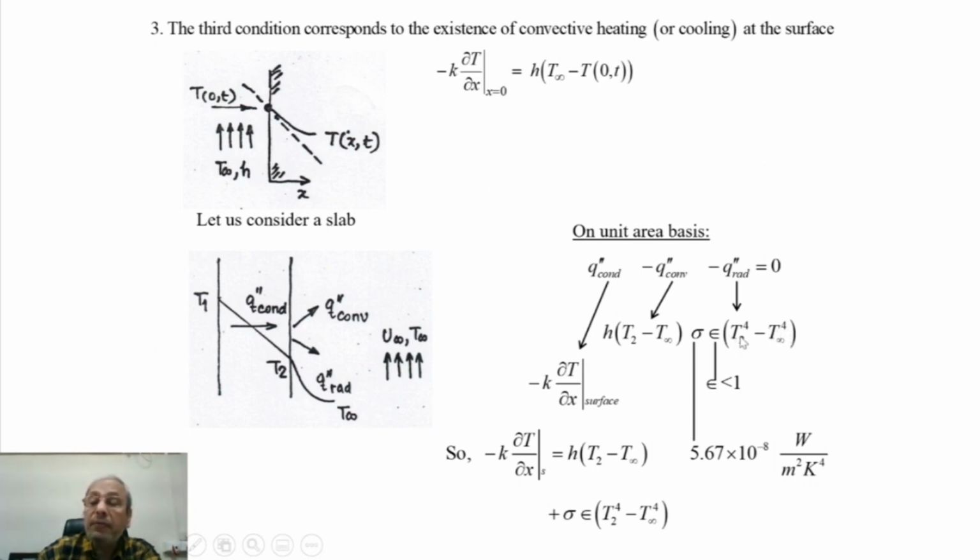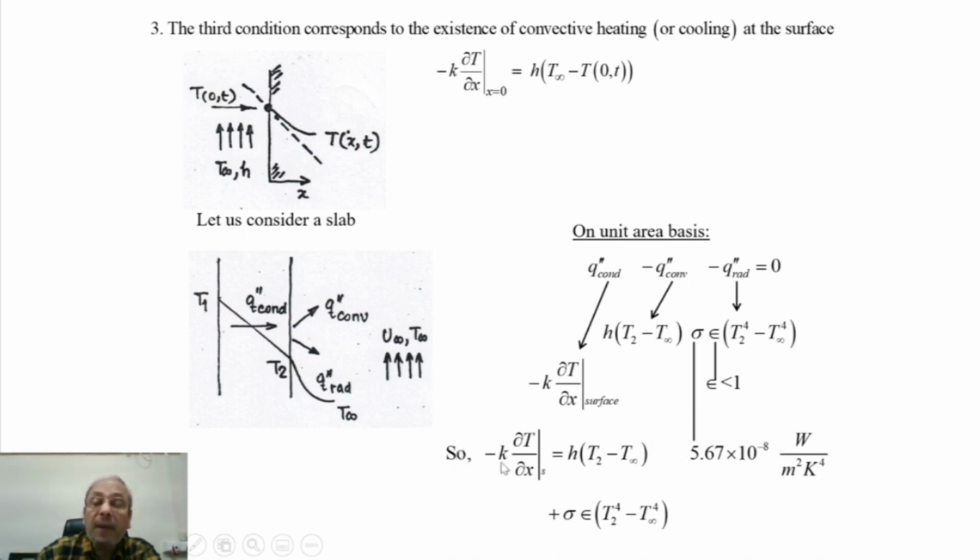So the temperature difference has to be very high to get an effective contribution of radiation, because the Stefan Boltzmann constant is 5.67 into 10 to the power minus 8. This multiplier one has to look at carefully.